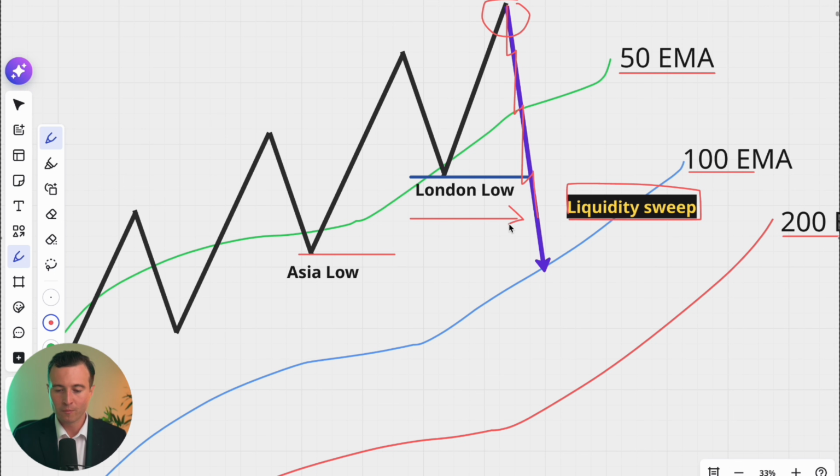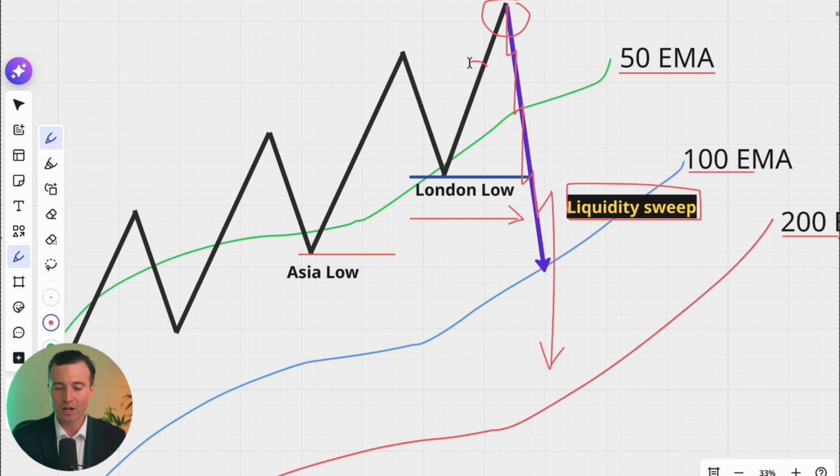Number 1, this is going to be inducing traders short into this market, thinking that this is a breakout to the downside. What this liquidity sweep is also going to be doing is stopping out any early buyers.